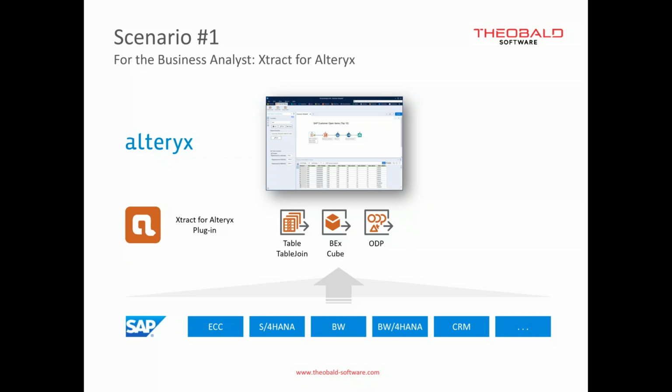And one of the main advantages of this last component is that it also supports reliable delta feeds. So if you're thinking about accessing large volumes of SAP data, you can't always pull the entire table into your Alteryx workflow. That would take too long and it would give you too much data to work with.